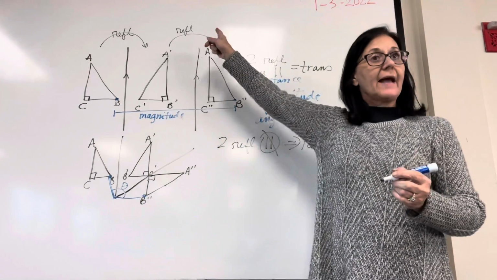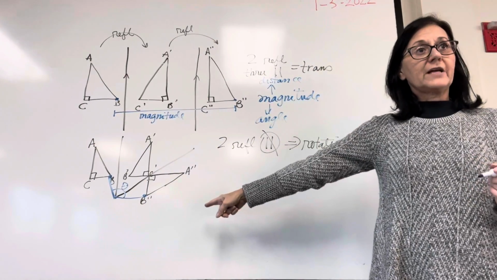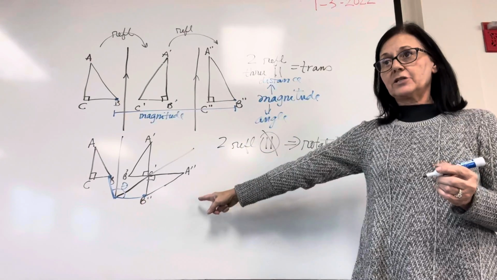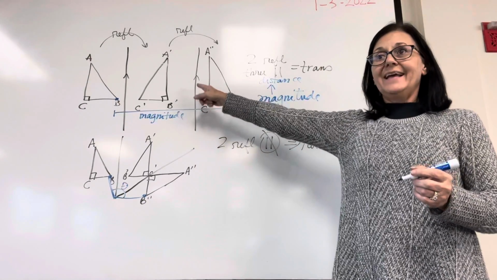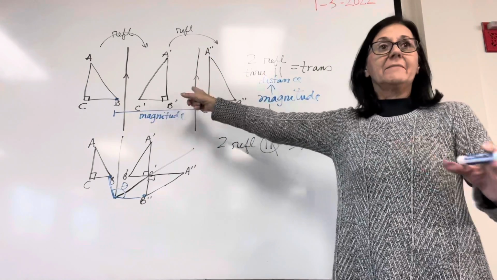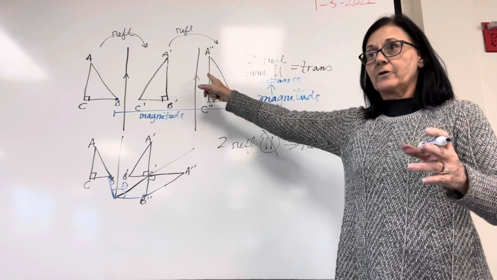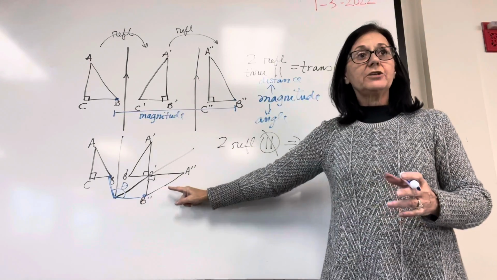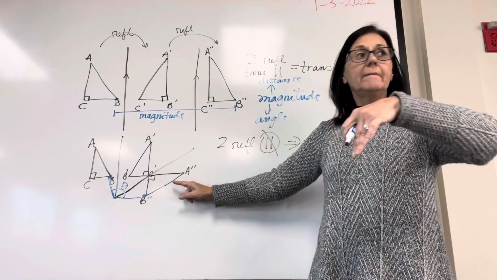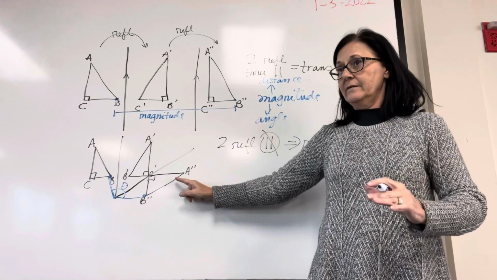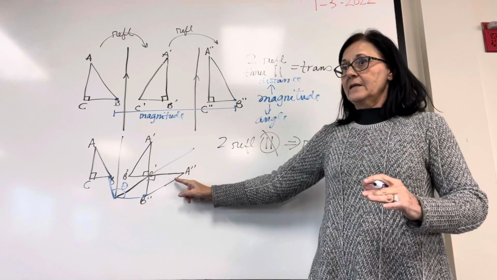Do you see the difference in magnitude in the first one, the translation, compared to the rotation? Translation, it's inches, centimeters, however you measure it, right? When it's a rotation, it's degrees. How many degrees did we rotate it? Does that make sense?